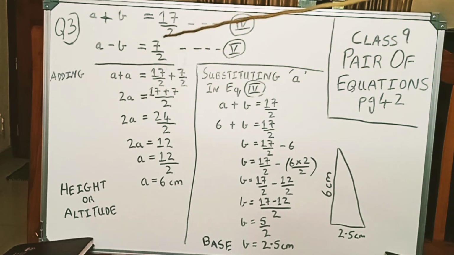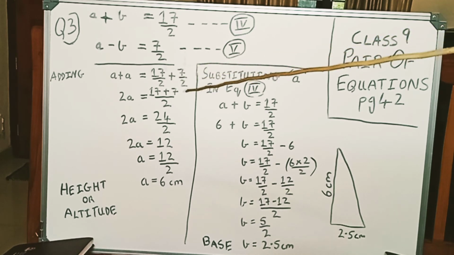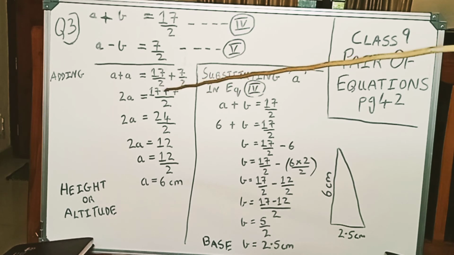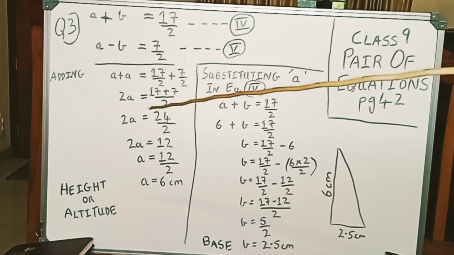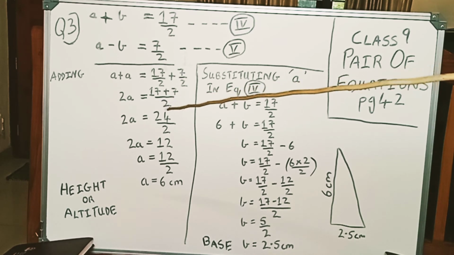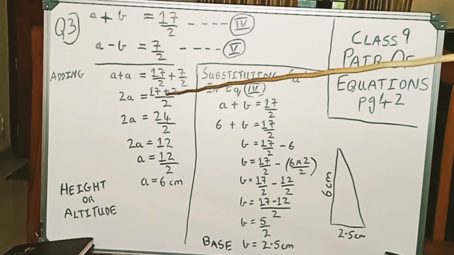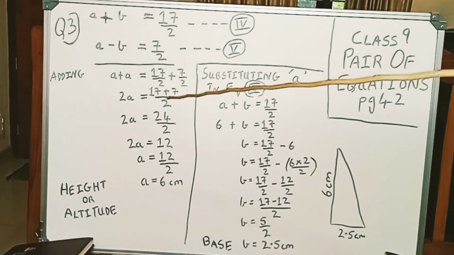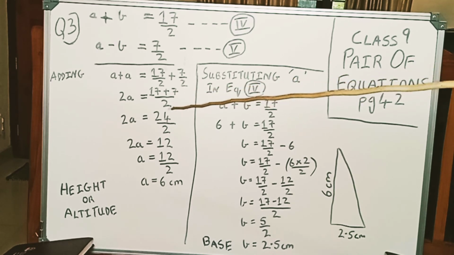And the first term and second term, 17 divided by 2 and 7 divided by 2, are added. Since the denominators are the same, the denominator stays common, and the numerators get added, since there is a plus sign. So 17 plus 7 is on the numerator divided by 2.